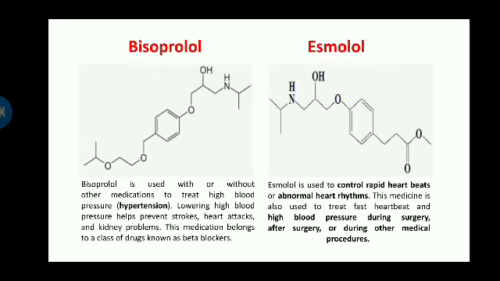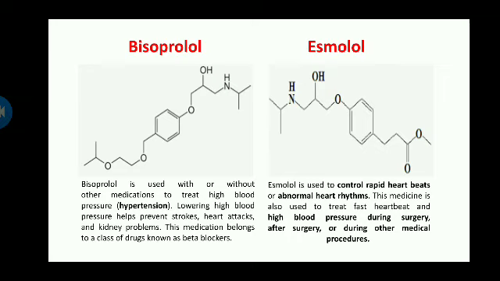Next is bisoprolol. This drug is used with or without other medication to treat high blood pressure, hypertension. By lowering it, it is used to prevent stroke, heart attack, and kidney problems, same as atenolol and propranolol. This medicine comes under beta blockers. Next one is esmolol. This drug is used to control rapid heartbeats or abnormal heart rhythms.